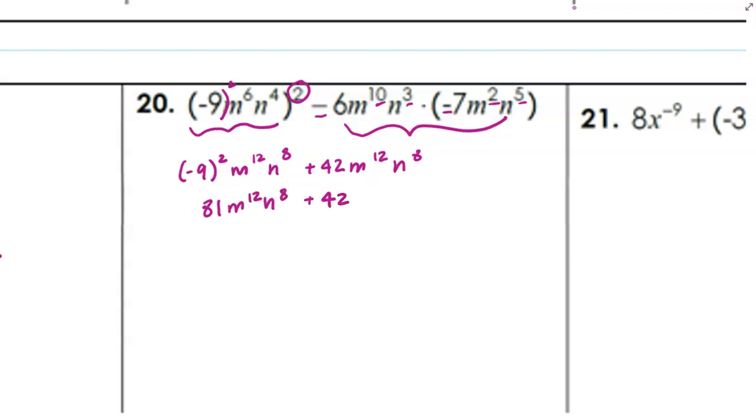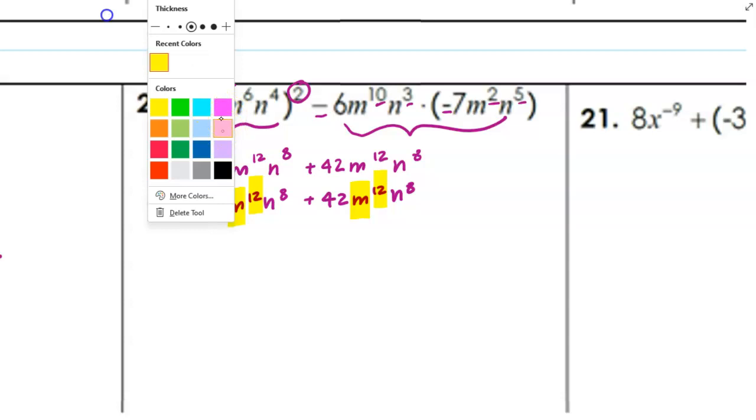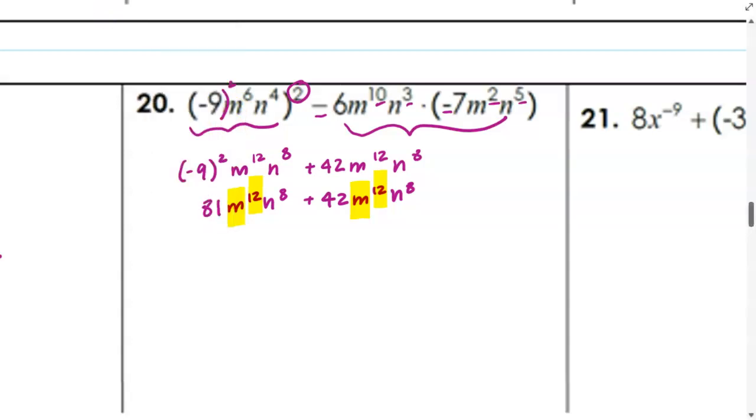Let's see if we can add these two. How do we add terms with variables in it? The variables have to be the same with the same exponent. Is it? Yes, for M. How about for N? Let's use a different color. Right here? Yes.